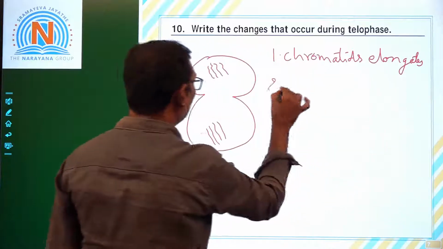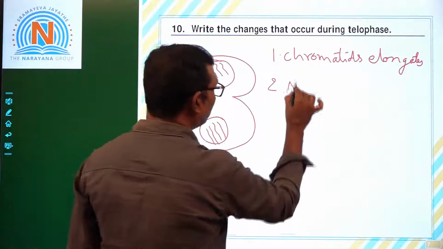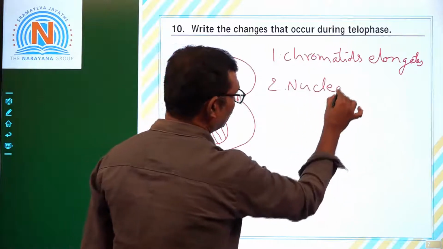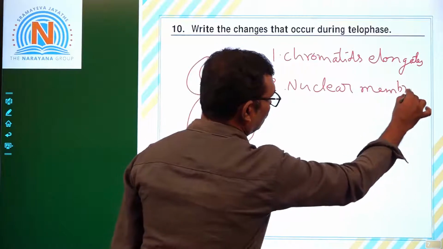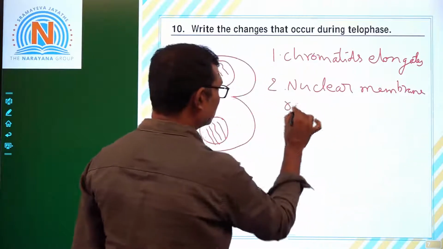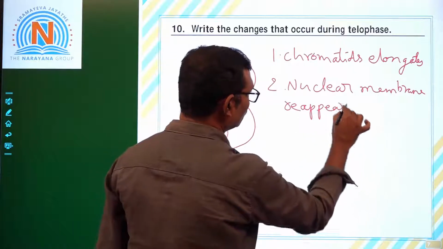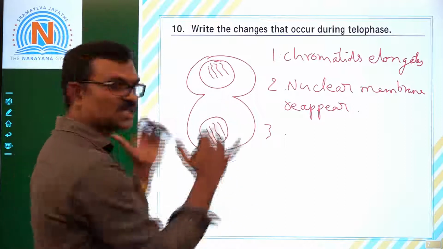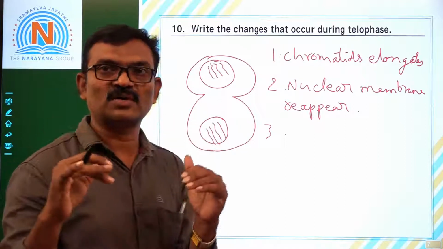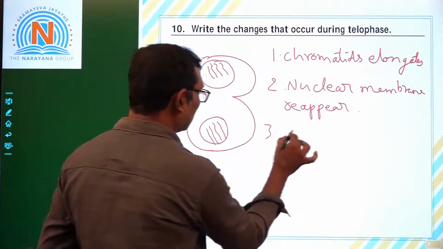Now second point, nuclear membrane reappears, reformed. At the same time, there is a pinch. That means a small furrow, otherwise a constriction, occurs in the middle of the cell.